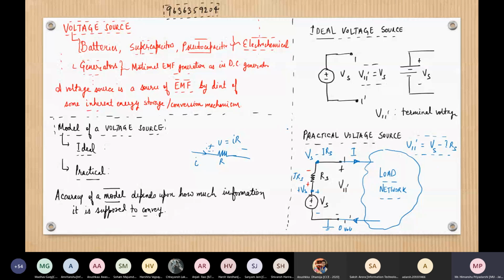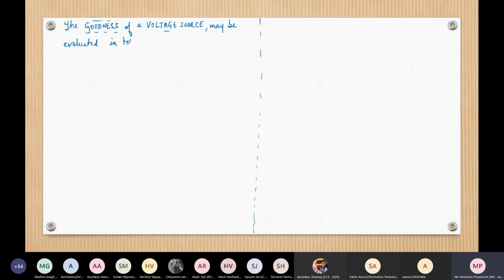The goodness of a voltage source may be evaluated in terms of what?